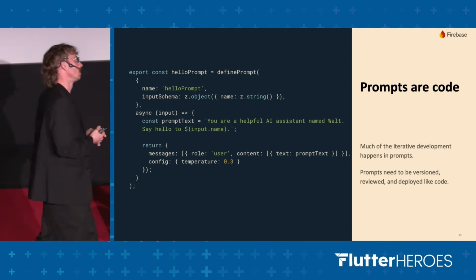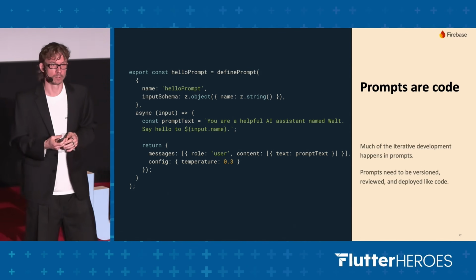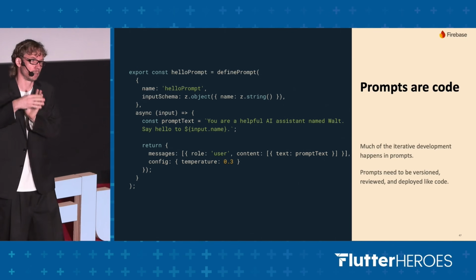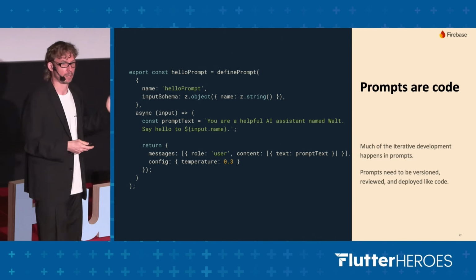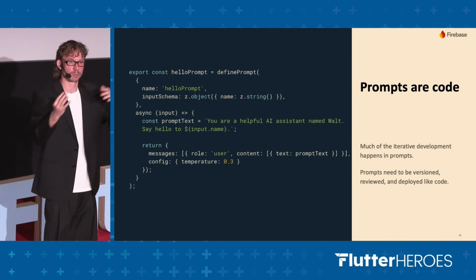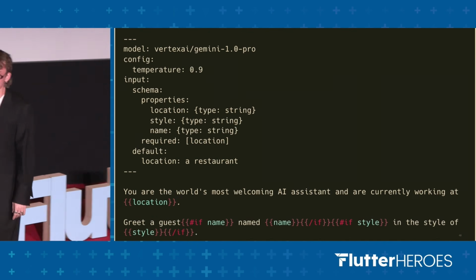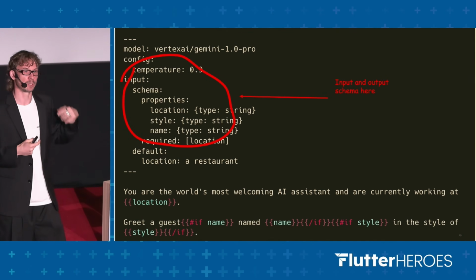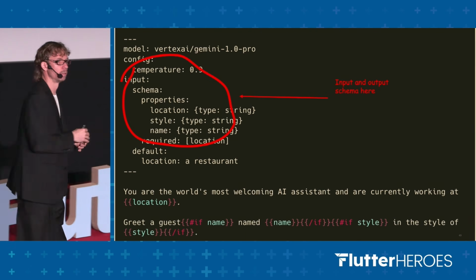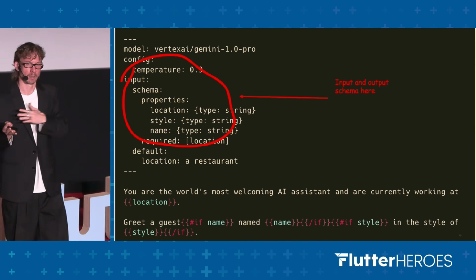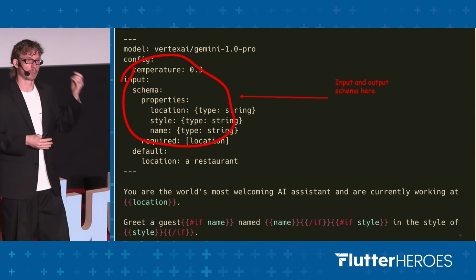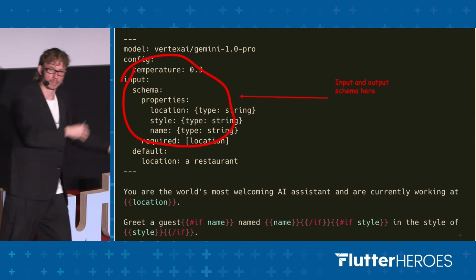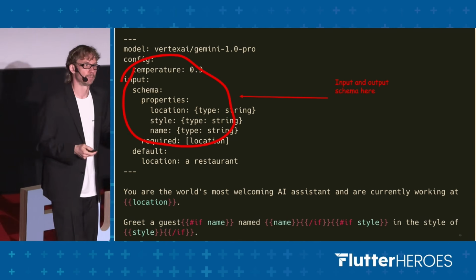What else? Genkit takes prompts as code, but from one side it's code, from another side it's a specific entity. It gets parameters, and you can work with your prompts separately from your code. And it has a specific schema for input and output, kind of a contract. So from the code perspective, it doesn't matter what is inside the prompt. The prompt has a contract: I need this name, this parameter, and I will give you an answer with this parameter, and that's it.